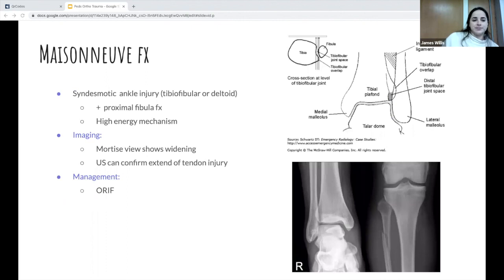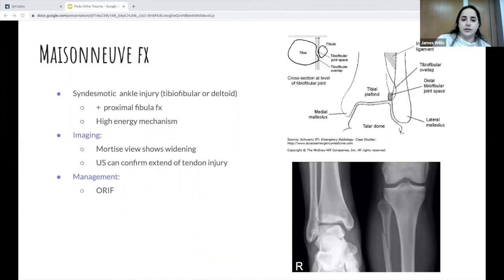Maisonneuve fractures. This is basically when you have a rupture of the syndesmosis between the tibia and the fibula. This is the one where we use the mortise view to make the diagnosis. So this light gray here is supposed to be less than 4 millimeters. The distal tibiofibular joint, which is this dark gray, is supposed to be less than 5.5.